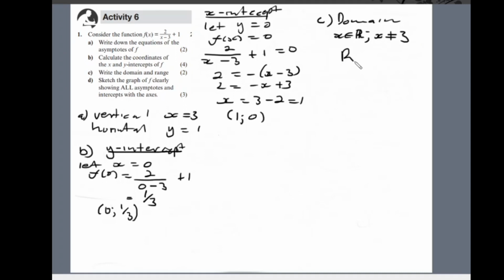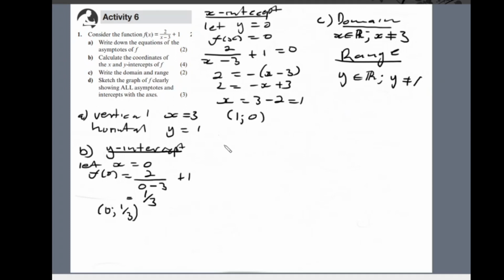And then the range is y, element of real numbers, but then y cannot be equal to the horizontal asymptote, right?